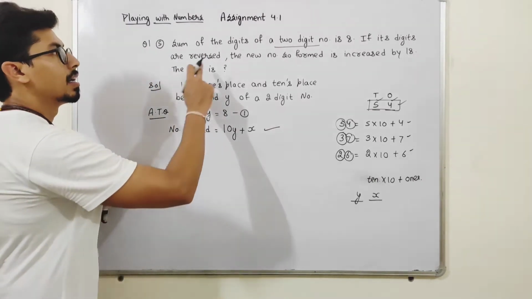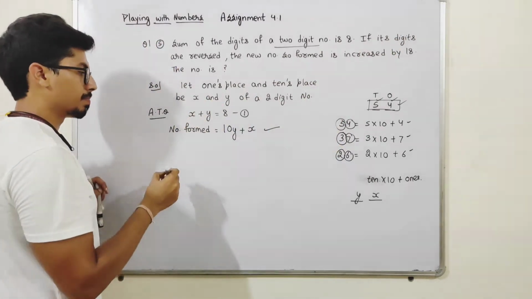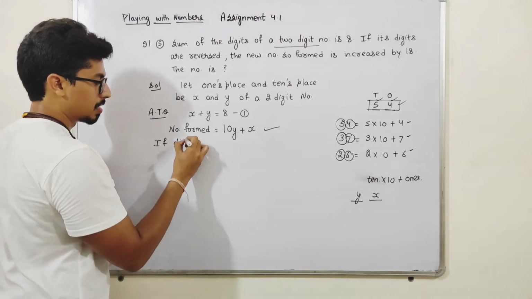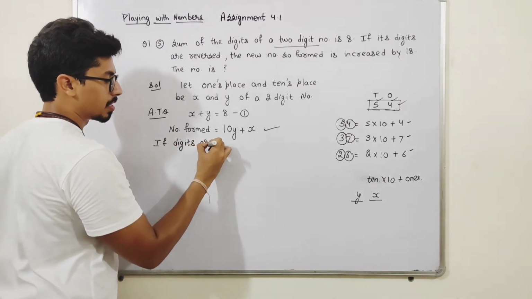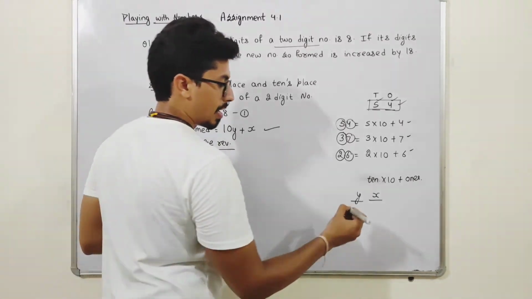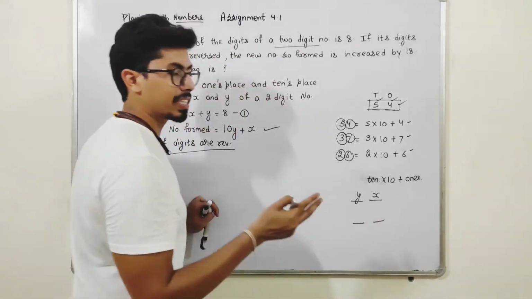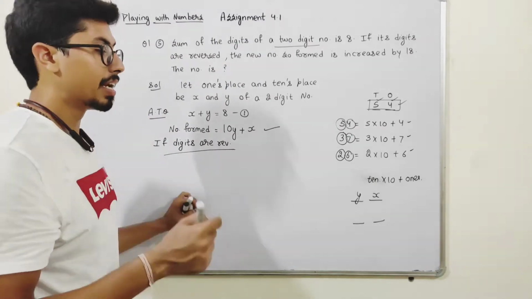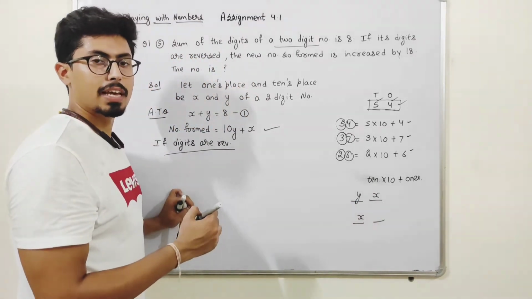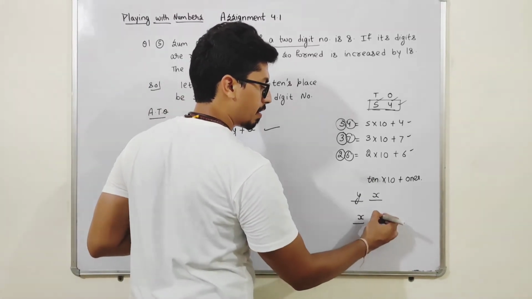Okay. But if the digits are reversed, that means now the ones place and tens place digits are reversed. That means this x is now at tens place and this y is now at ones place.